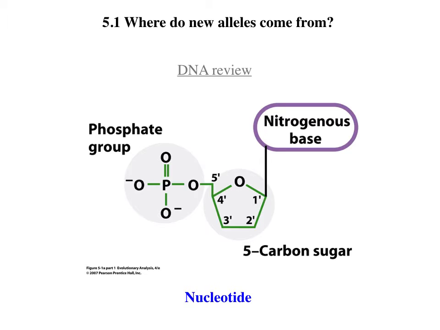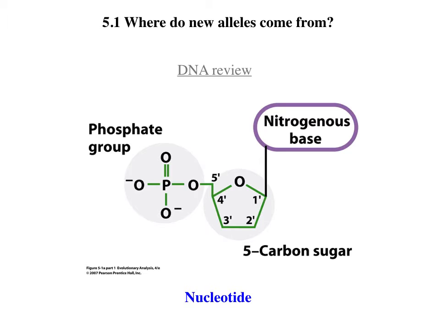The phosphate group is connected to the 5' carbon. The nitrogen containing base is bound to the 1' carbon. And then the 2' carbon is also important, but mostly important in distinguishing between DNA and RNA. In DNA, that 2' carbon has a hydrogen bound to it.